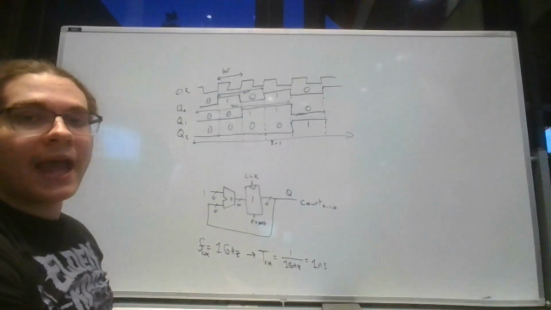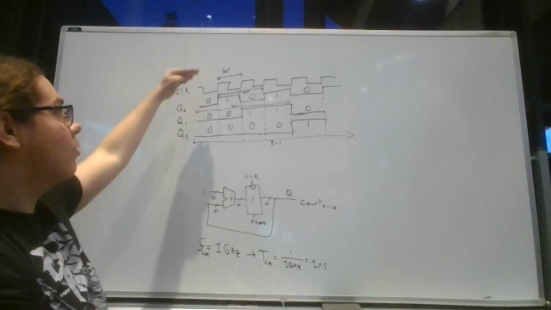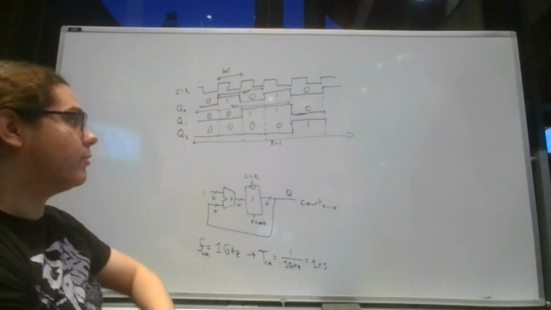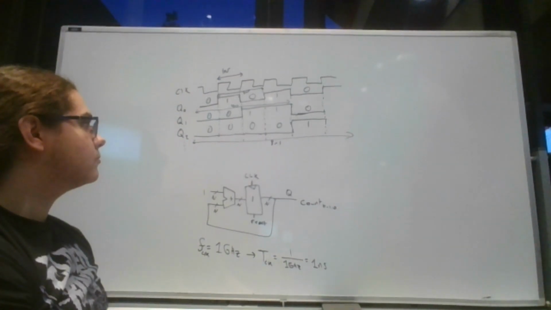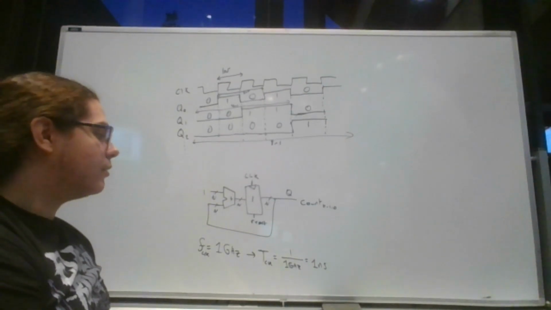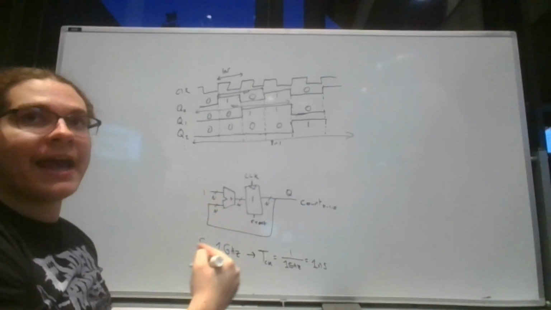And in general, this pattern of powers of 2 repeats. 1, 2, 4, 8. The next bit would be 16, 32, 64, etc. And so since our period is doubling, every time our frequency gets cut in half.